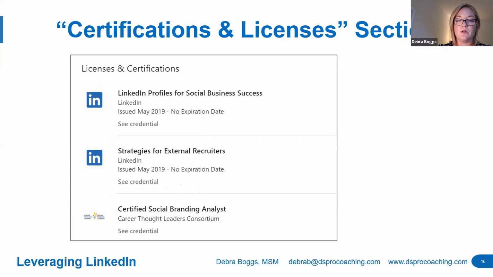I also make sure that you're only listing things that are relevant. I've seen a lot of people do the LinkedIn Learning sessions, which are great, but I had a job seeker whose only certification was LinkedIn Learning, which was great, but it was how to negotiate your salary. Not helpful if you're job seeking. So take things out that aren't helping add to your career story.